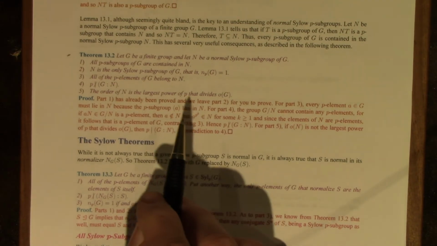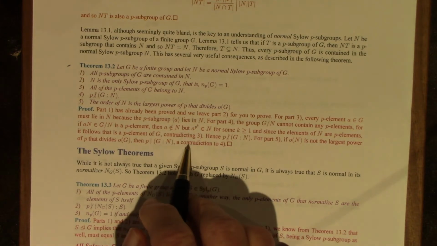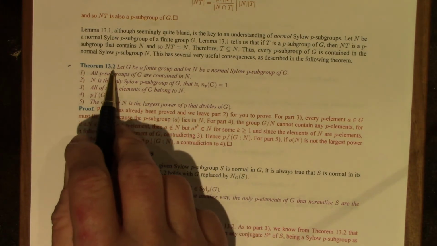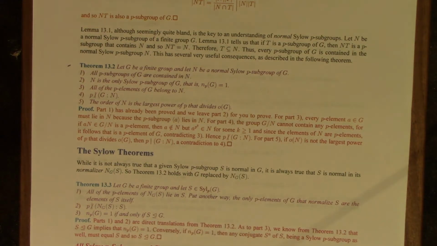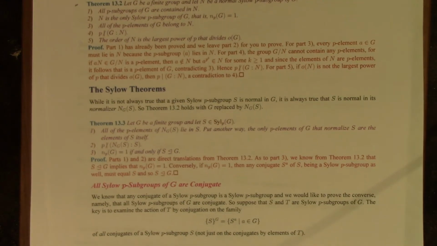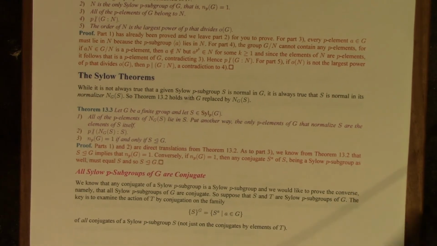So it wasn't terribly stressful to gather these 5 facts, assuming that N is a normal Sylow p-subgroup. Now, while it's not always true that a given Sylow p-subgroup S is normal in G, it is always true that S is normal in its normalizer.